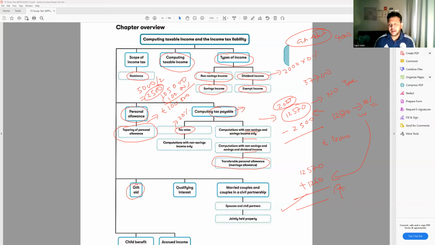That means you divide by 0.80 and you gross it up. For example, if it is 5,000, this 5,000 will be added to the basic band. So normally up to 37,700 you pay tax at 20%, but now it will be 37,700 plus 5,000. So your basic band will be extended.